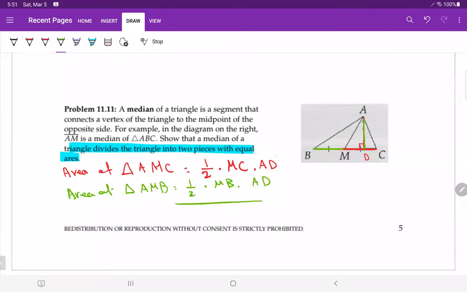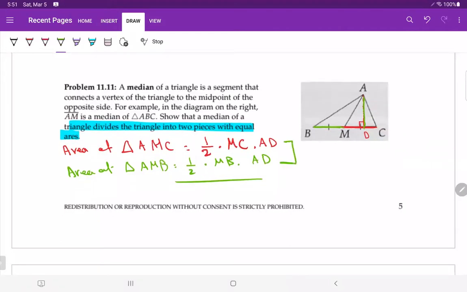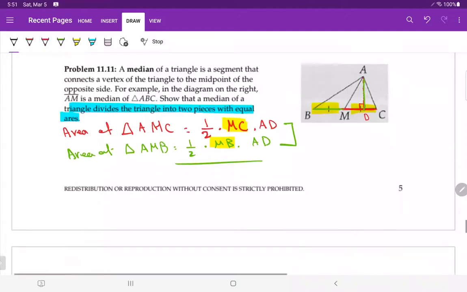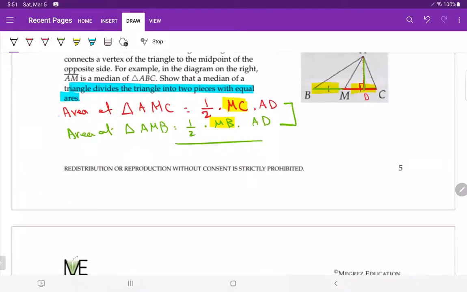And these are equal, because MC is equal to MB. So number one is equal to number two. That's it. So the median divides the triangle into two pieces with equal areas.